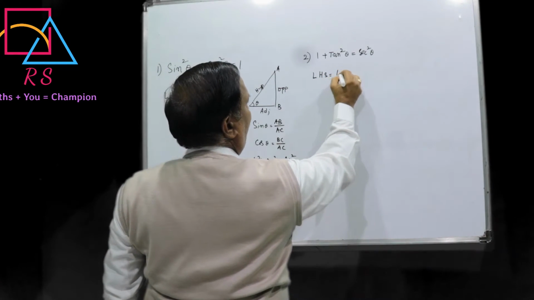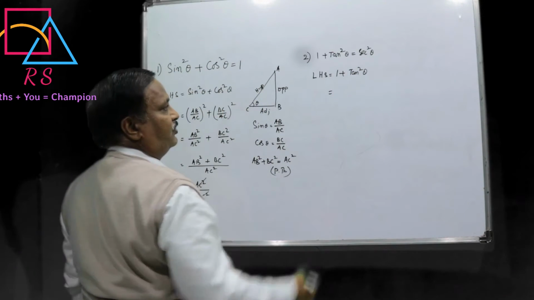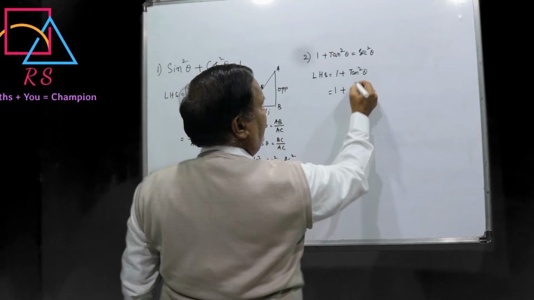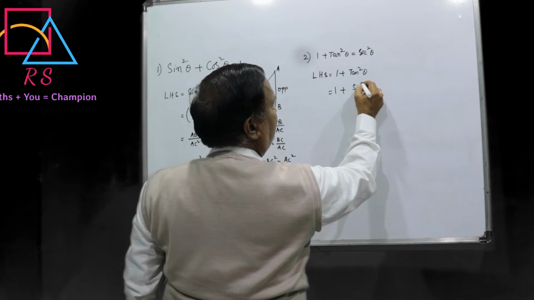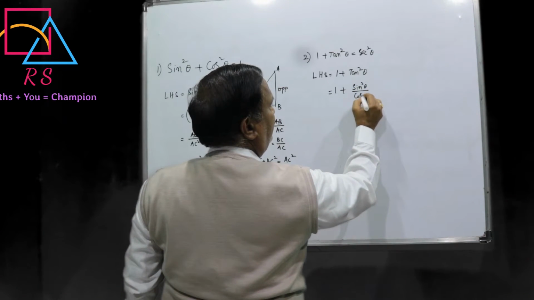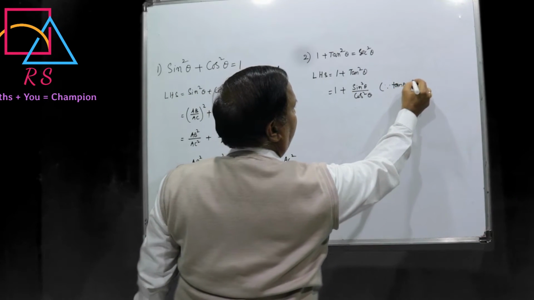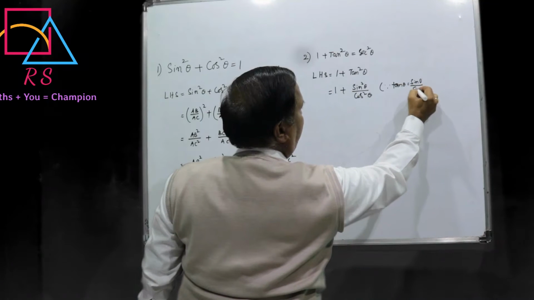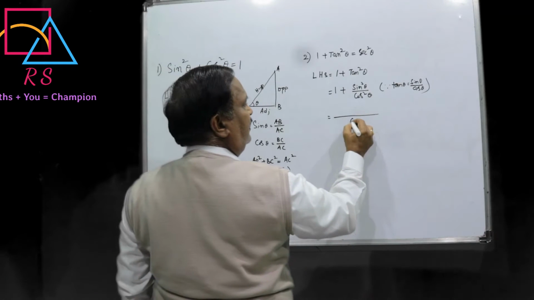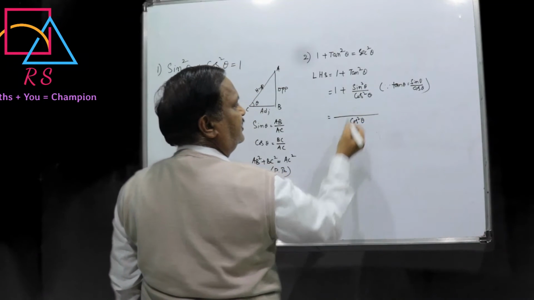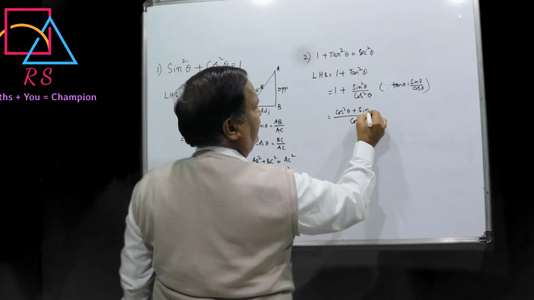LHS I will take as 1 plus tan square theta. Tan is nothing but sine theta by cos theta, so I will write 1 plus sine square theta by cos square theta. Now I will take the LCM. I get cos square theta as the denominator and the numerator is cos square theta plus sine square theta.